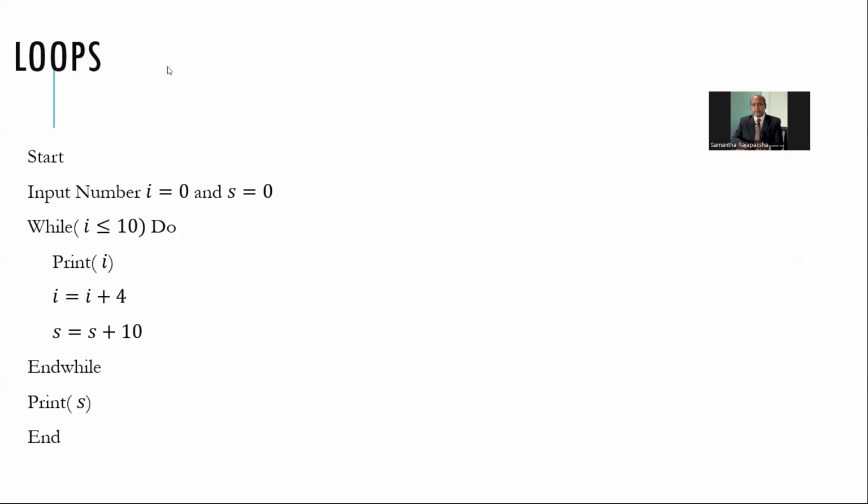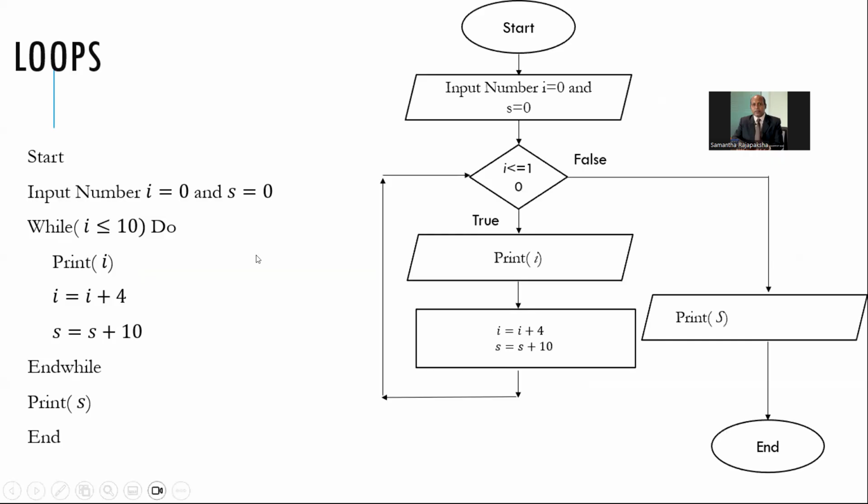Okay, let's see how to write the flow chart. You can start with the given steps. First of all, you have to start and input the values and the condition. This is a condition, that's what you write here: I less than or equal to 10.